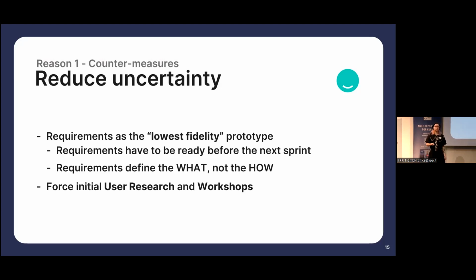Force initial user research and workshops. This is our biggest measure we have against this uncertainty that we have in the beginning of a project. So what we want is to do these workshops so that we get insights into users, into the stakeholder and business needs, and those serve as the decision base. You need to remove this problem where a stakeholder may say, I like this and I don't like that.